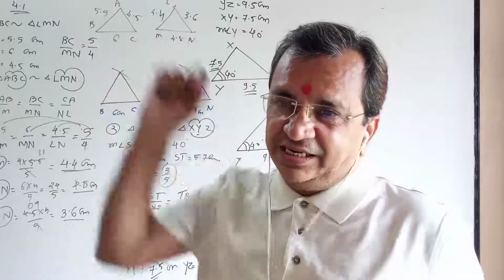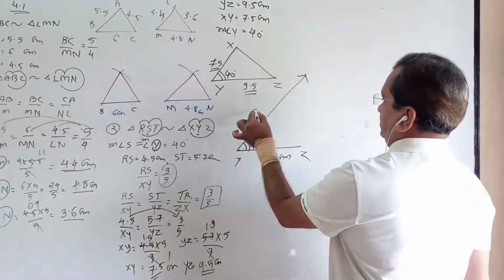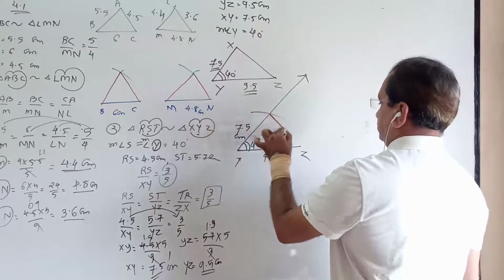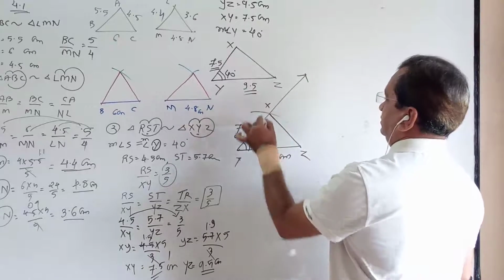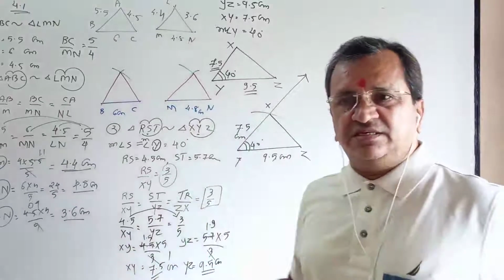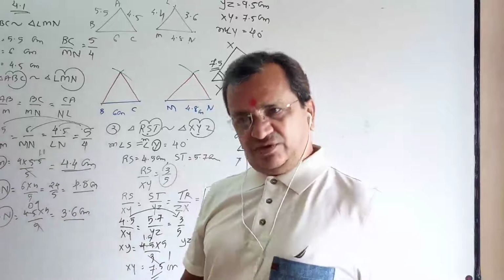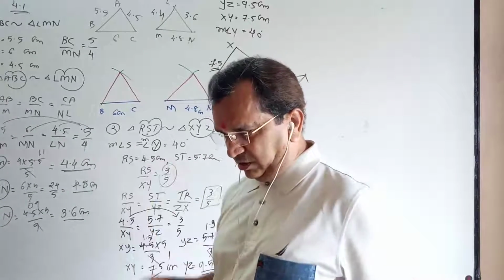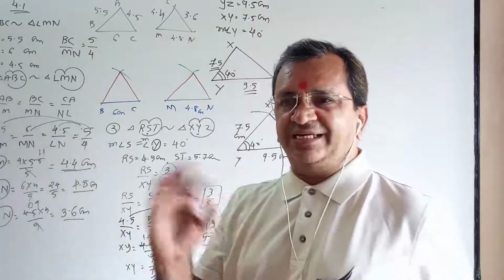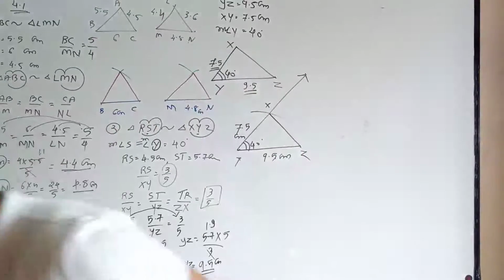From Y take 40 degree, and Y to X is 7.5, so mark 7.5. Join this. This is not given, so SAS test. From the first information you have to draw the second triangle by proportionality. Sides are in proportion, angles are congruent, when triangles are similar.